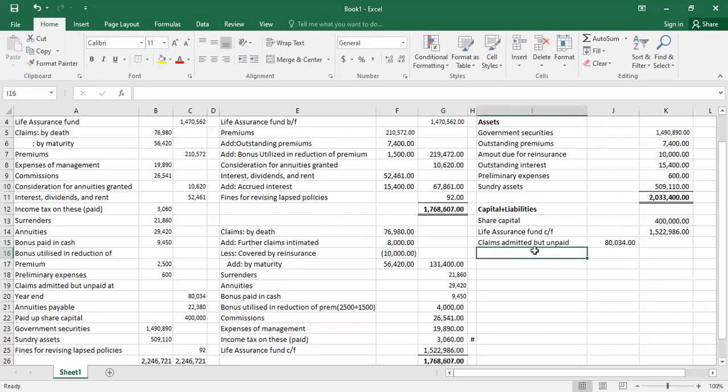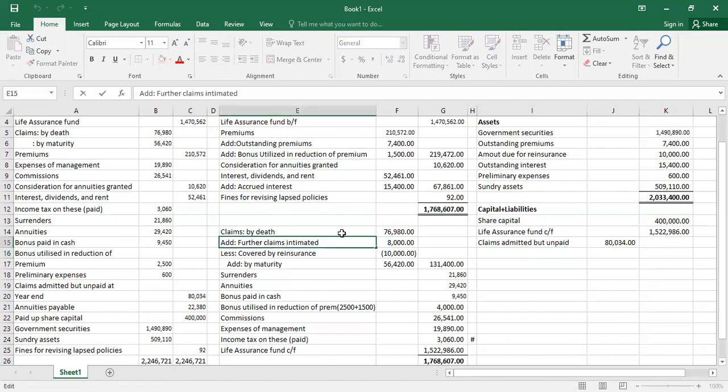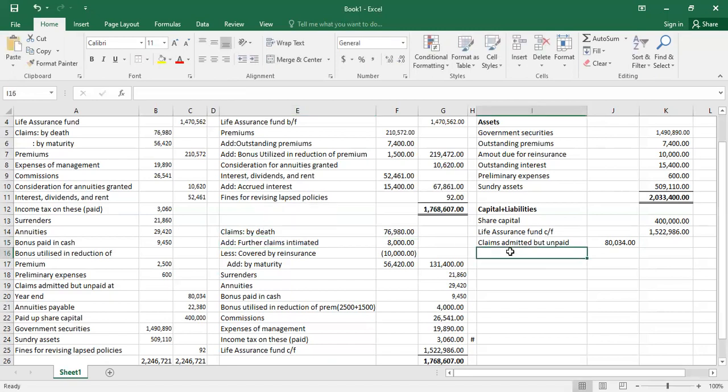Then I had the adjustment of the 8,000, the claims that were intimated, these ones. Were 8,000. No, they were intimated, they aren't yet paid.